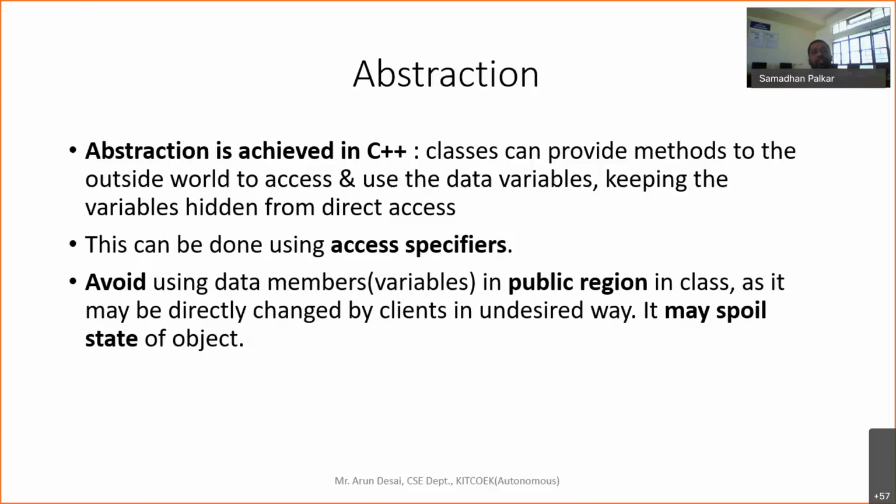What we need to avoid is writing data members or variables in the public region. If we write those data members in the public region, all other classes or clients can access them and change the state of those data members, or the state of an object, and it may spoil the state of the object if they change it in an undesired way, right? So that should be avoided in case of abstraction.